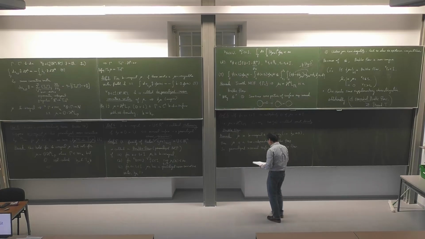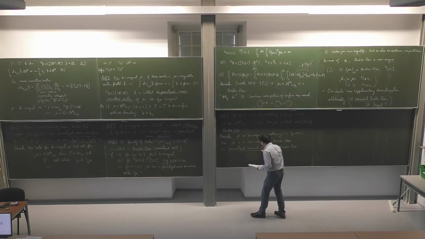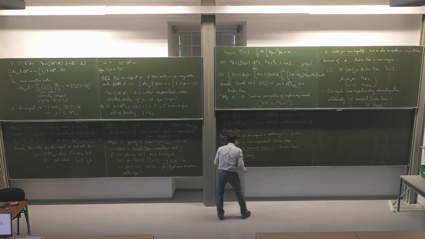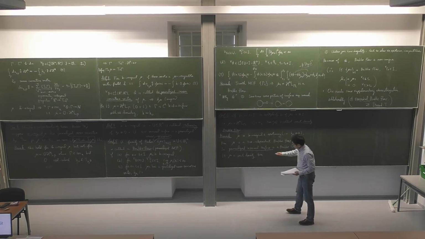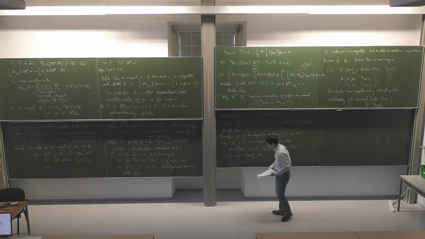Now for this generalized minimal surface, what's known? If mu is unit density in particular, then there's a very nice regularity theory called the Allard regularity theorem, which is very important in this field of geometric measure theory.